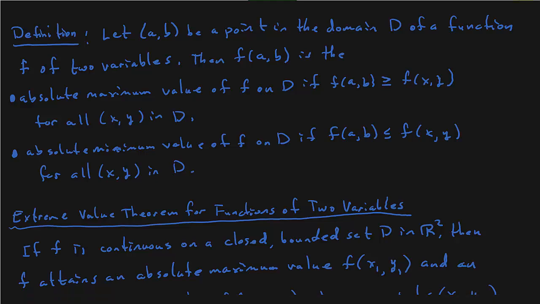So it says let (a, b) be a point in the domain D of a function f of 2 variables.